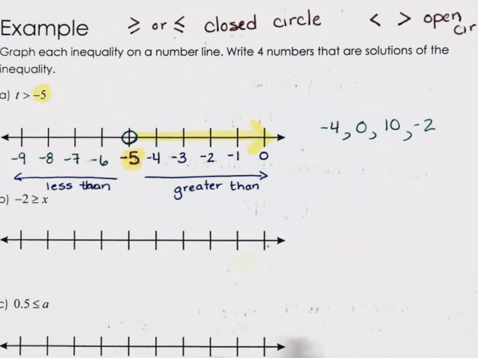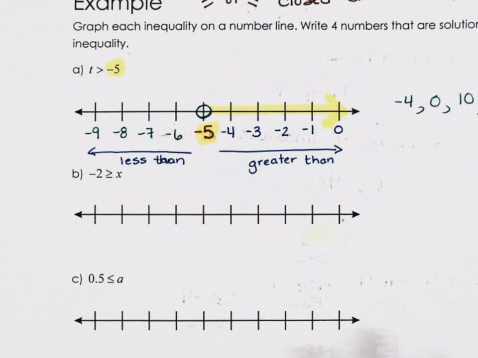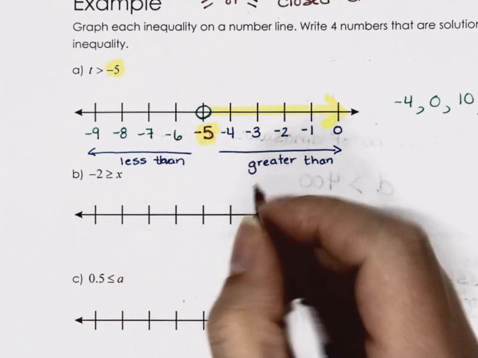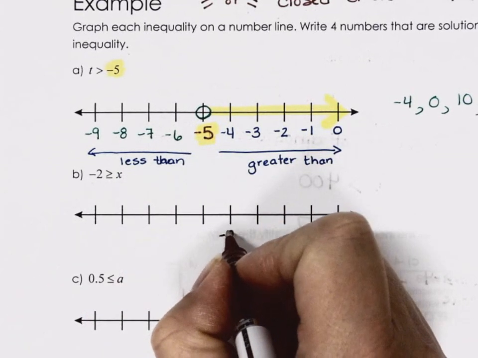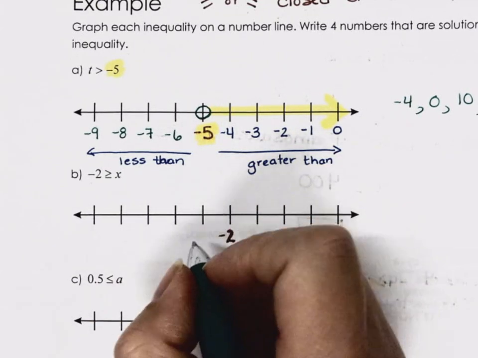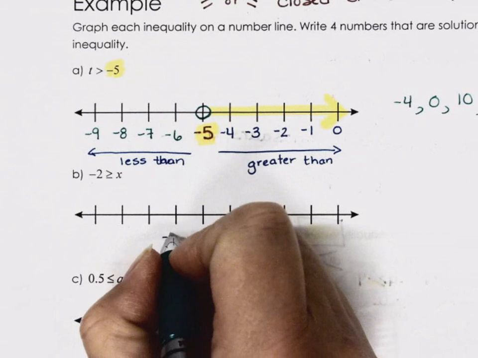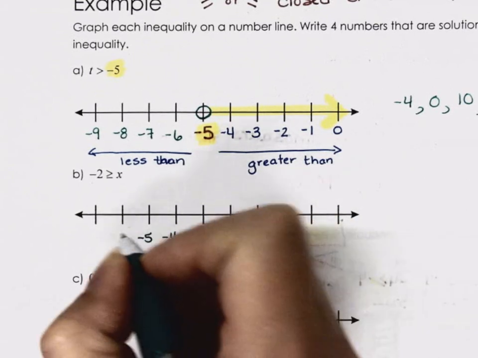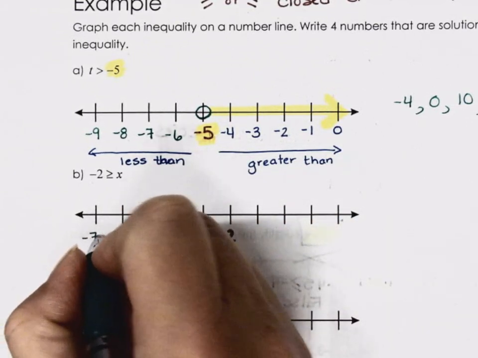Okay, so here we go again. We're going to do the next one. Everybody ready for this? So the first thing I'm going to do is put my target down. My target is -2. And then I'm going to write numbers less than and greater than. So my less than would be -3, -4, -5, -6, -7.